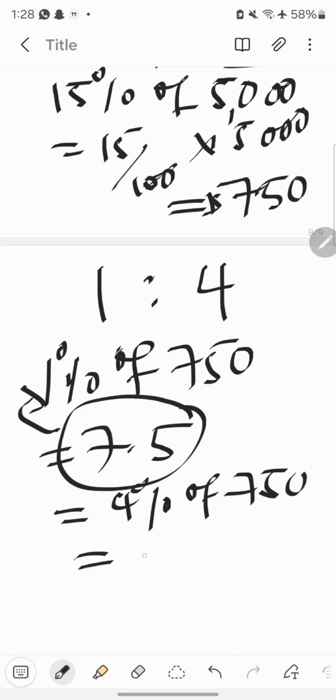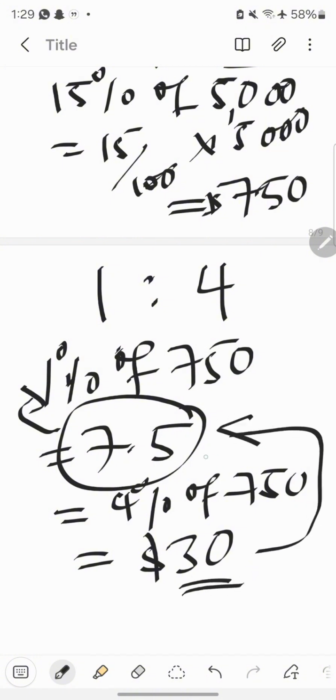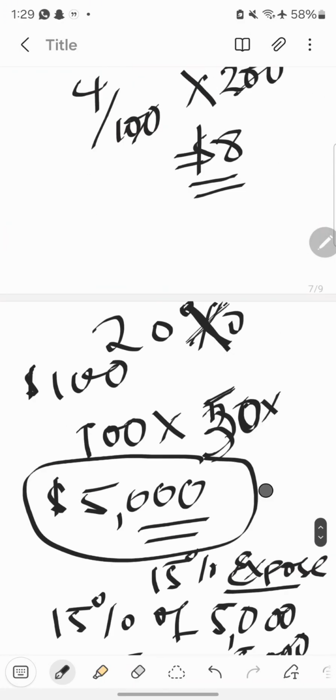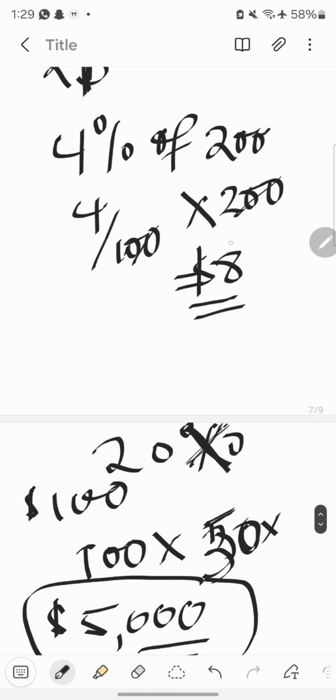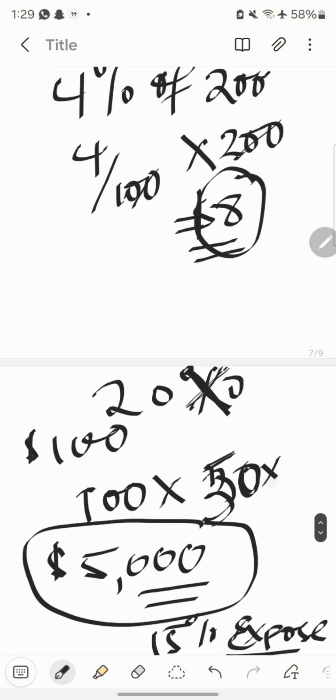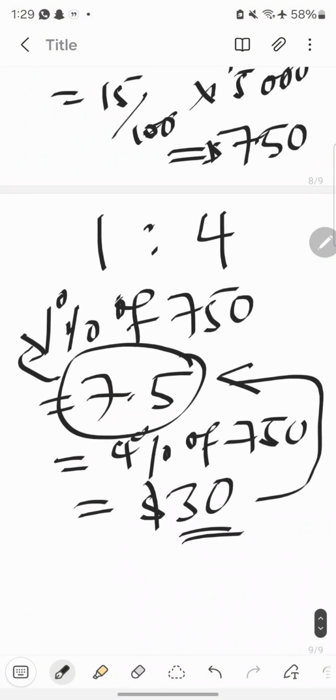We are going to gain $30. So this is how it works. You see, the risk is now higher for the same trade, and the reward is also higher. I hope you are getting it. Before, for the same trade, we were getting $8 because we used smaller leverage, but now we are getting $30 because we used bigger leverage.